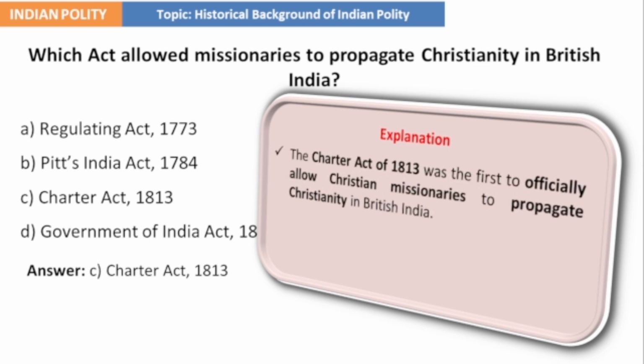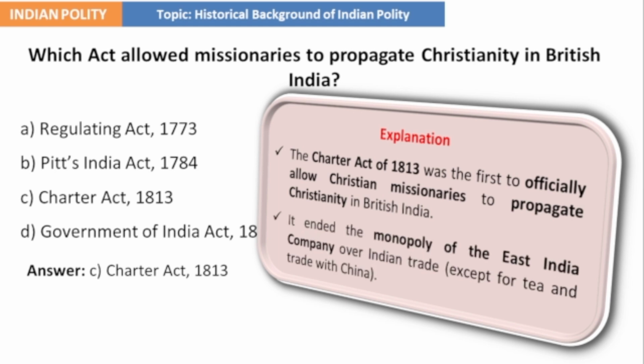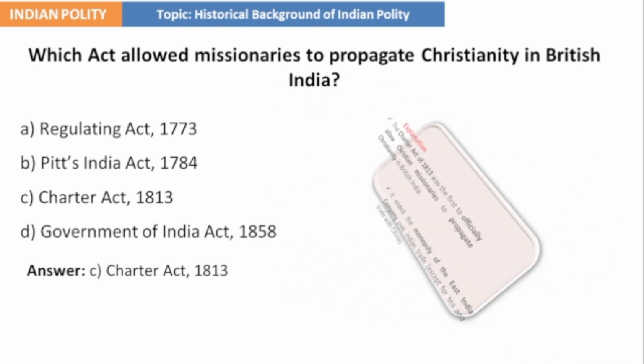The Charter Act of 1813 was the first to officially allow Christian missionaries to propagate Christianity in British India. It ended the monopoly of the East India Company over Indian trade, except for tea and trade with China.